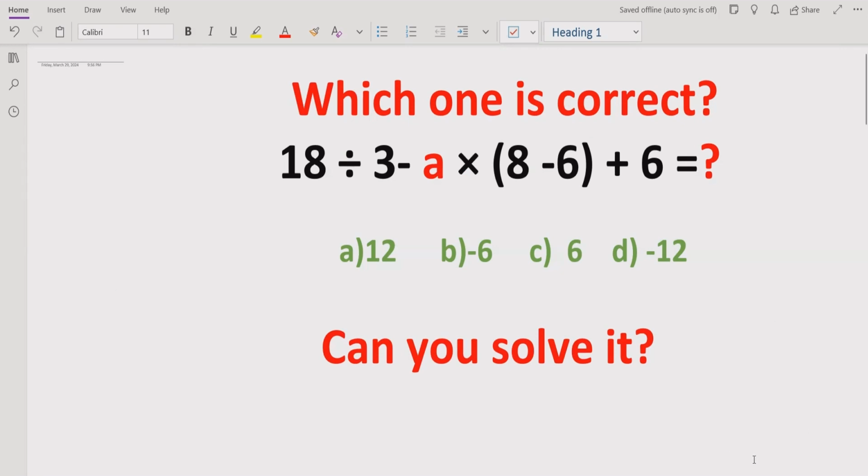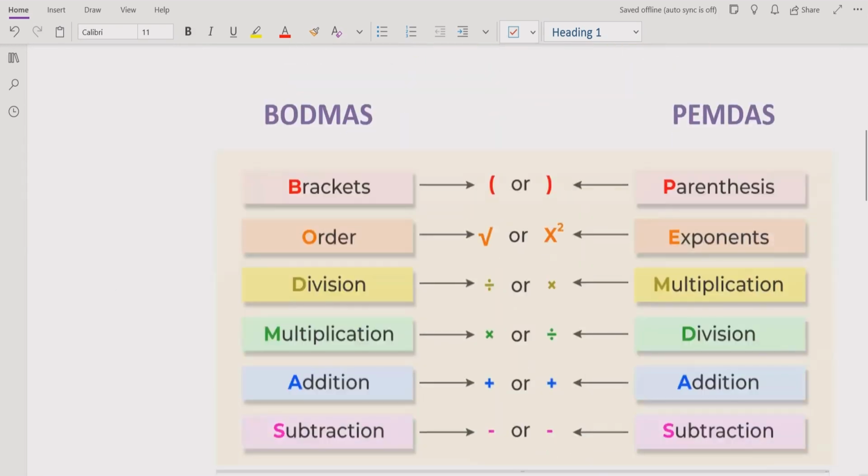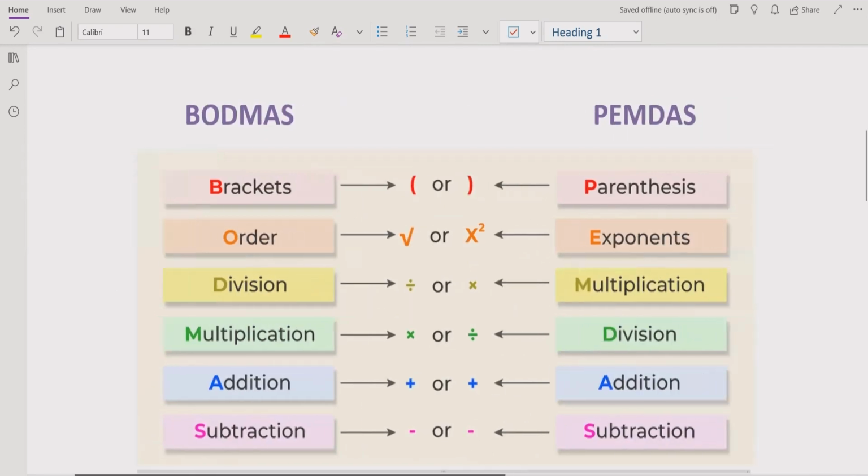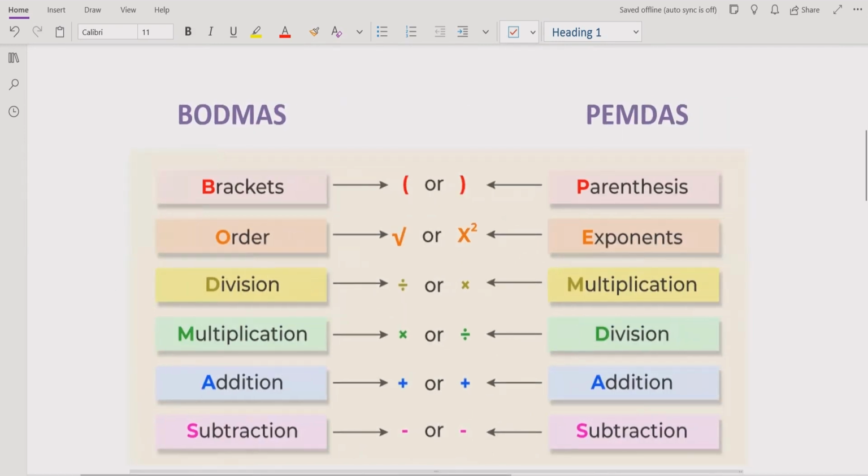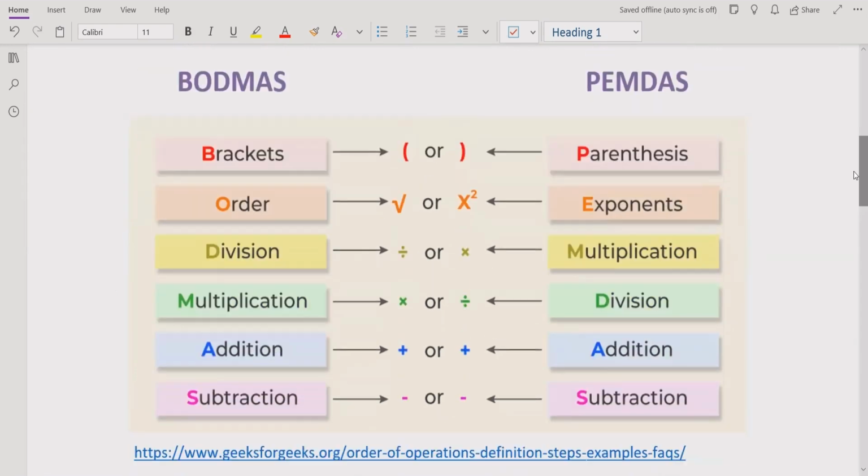And now let's recall the PEMDAS and BODMAS method. According to the BODMAS and PEMDAS method, we first find the bracket or parenthesis in the expression. What is the parenthesis and bracket? If your expression has curly brackets, round brackets, or square brackets, you have to solve that part first.